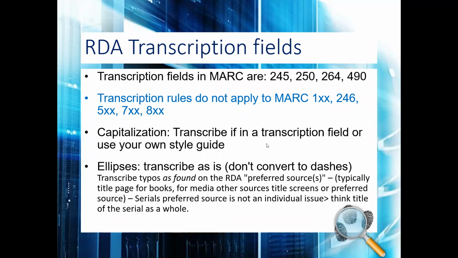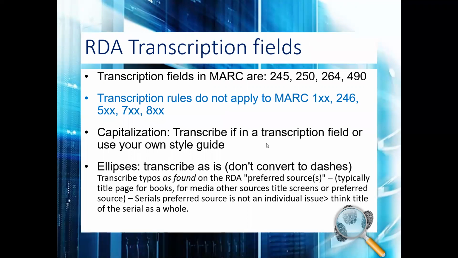Transcription fields. I talked about these earlier. 245, 250, 260, 490. Transcription fields do not apply to any field that has authorized access points. Why not? You may think, well, why wouldn't it? Because you're getting that information from your authoritative resource.